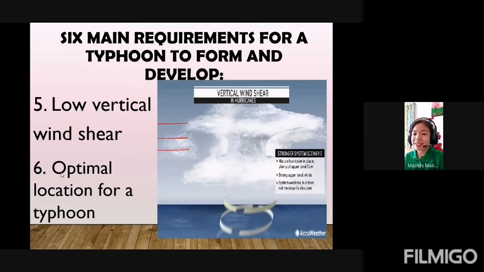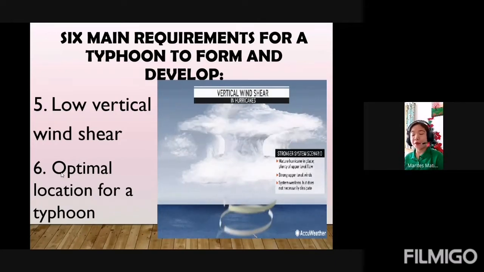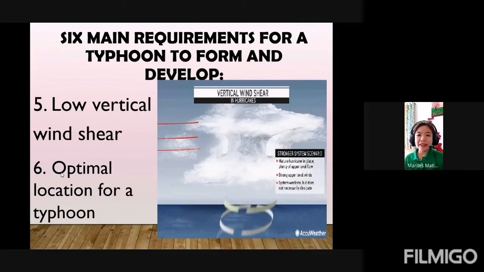Good. It is in the ocean. So, the optimal location for a typhoon is very important in the formation and development of typhoon. So, those are the 6 main requirements for the typhoon to form and develop.